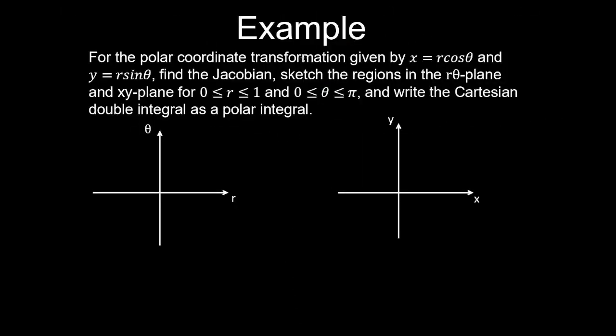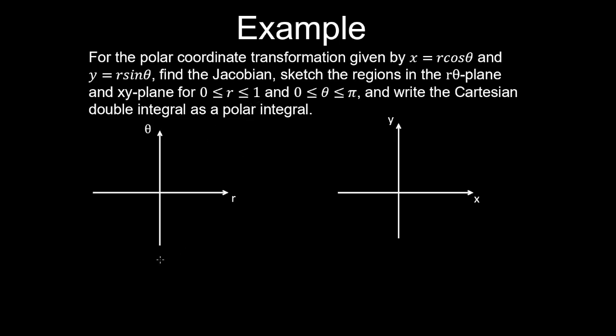For the polar coordinate transformation given by these two equations, find the Jacobian, sketch the regions in the r theta plane and xy plane for r between 0 and 1 and theta between 0 and pi, and write the Cartesian double integral as a polar integral.